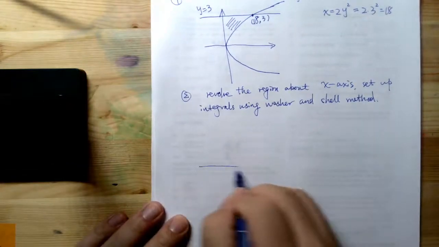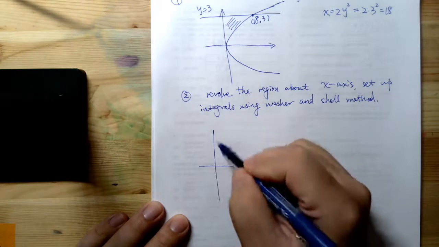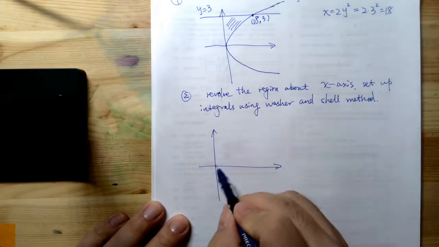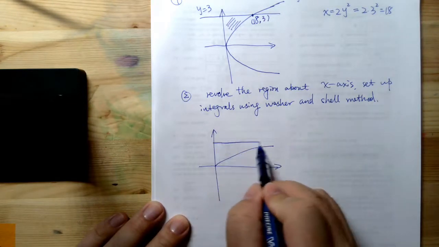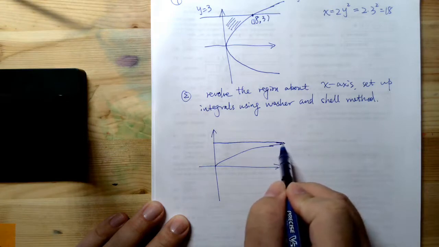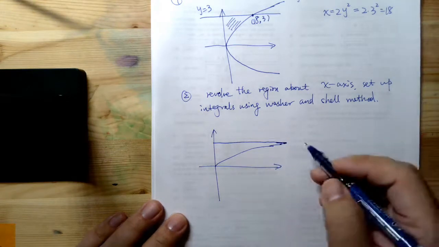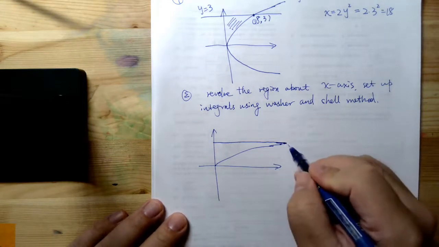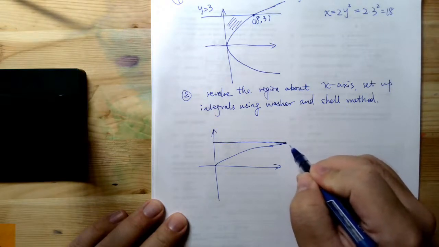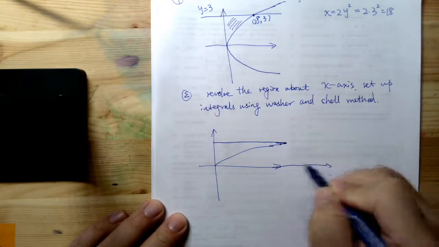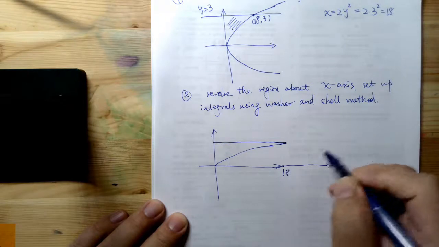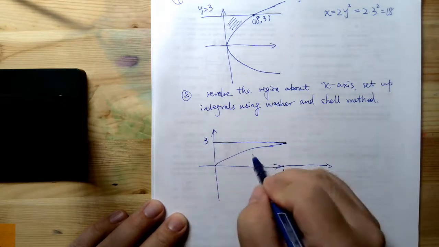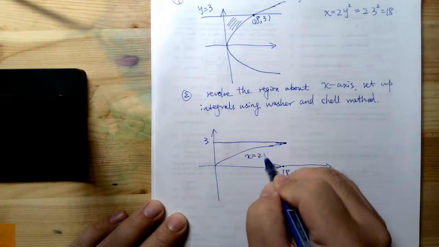Now let's draw it. This is probably more accurate. Okay, guys, suppose this is the region here. This is the point. This is 18. This is 3. This is x equals 2y squared.